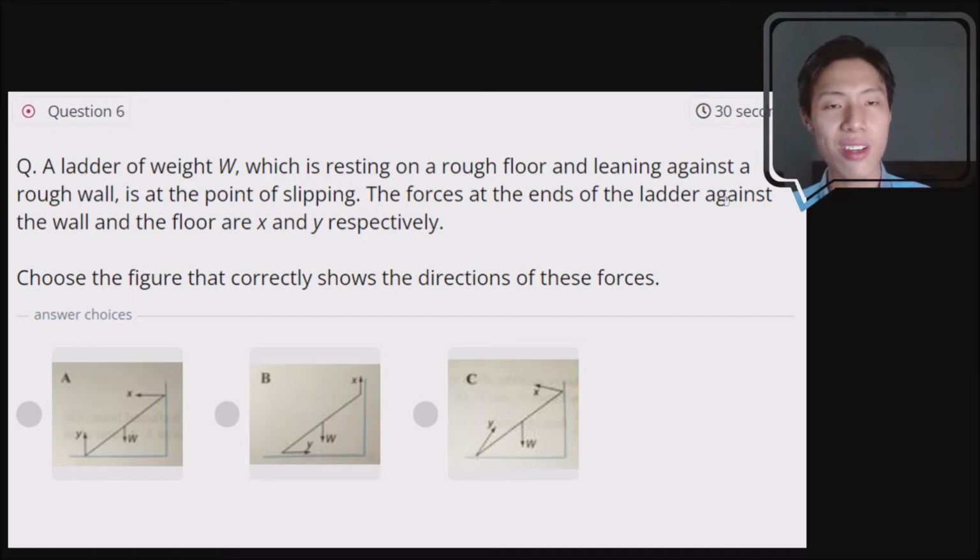The forces at the ends of the ladder against the wall and the floor are X and Y respectively. So the force exerted by the floor is Y, the force exerted by the wall is X. Now they ask you to choose the figure that correctly shows the direction of these forces.